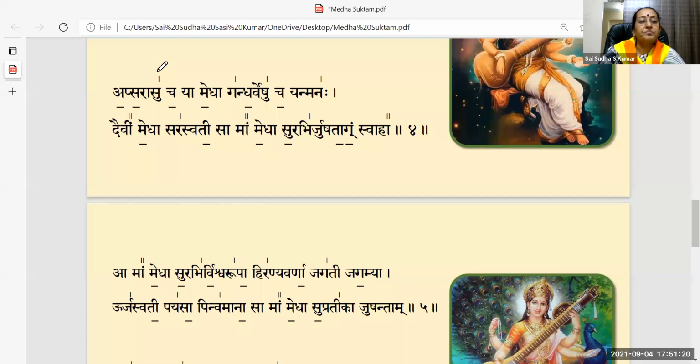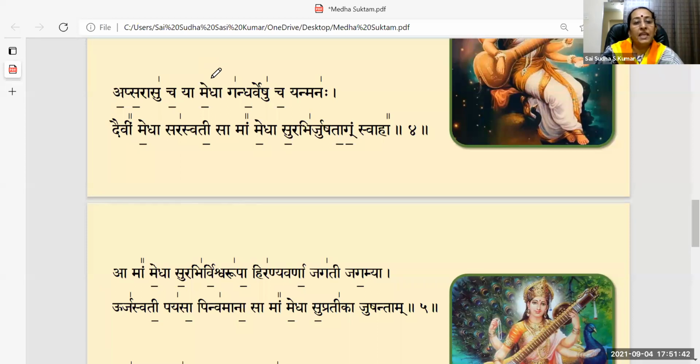So it is Apsarasu. There are many versions of Apsarasu that I have heard, but kindly note this is the correct intonation. Apsarasu Chaya. This is the way it has to be chanted.